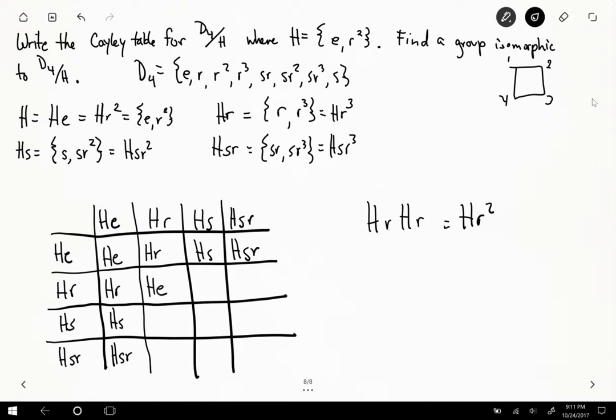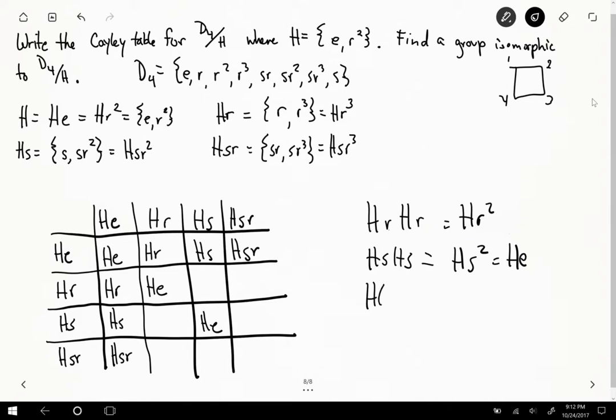Okay. In a similar manner, you can actually see all of these, and this can actually kind of tell you the isomorphism real quick. HS composed with HS is HS squared, right? And HS squared, well, notice S squared is just the identity, so that's HE, and so we have HE in this position.